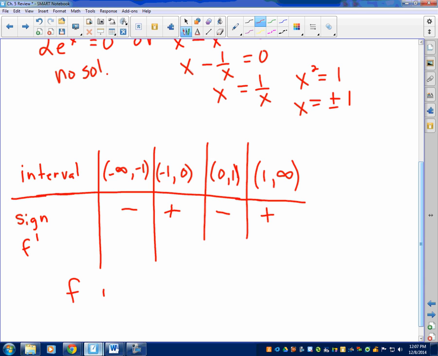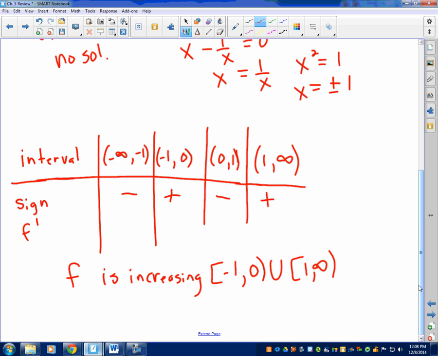Going back to f. f is increasing on -1 to 0, and I could close off -1. In the textbook they close it off if it's in the domain of the original. I can't close off 0, because 0 is not in the domain of the original. Union 1 to infinity.